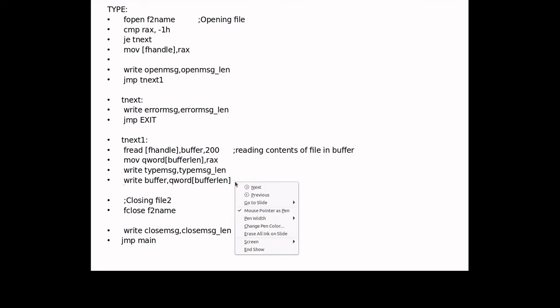So by this the contents get displayed on the screen. Then call the fclose macro for closing this file. Okay, and then again call the write macro to display the message file is successfully closed, and again jump to the main label to receive the option from the user.